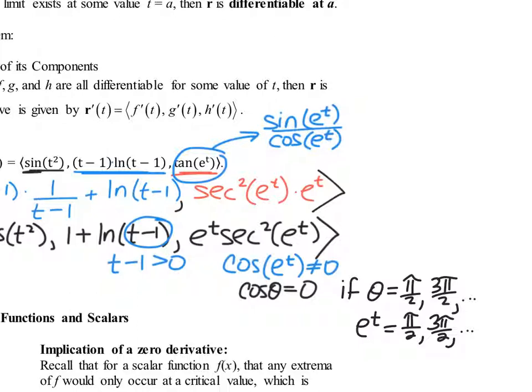I just add a 1 to that and I'm done. Just take care of that right now. t has to be greater than 1. It's really the other part that I'm worried about.